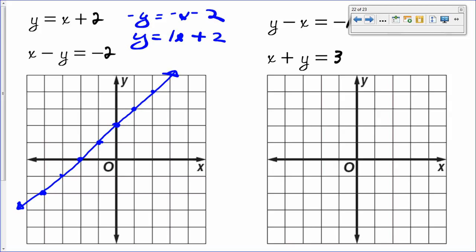Same equation, isn't it? So it's how many solutions? Infinite. I don't know if that's going that right.